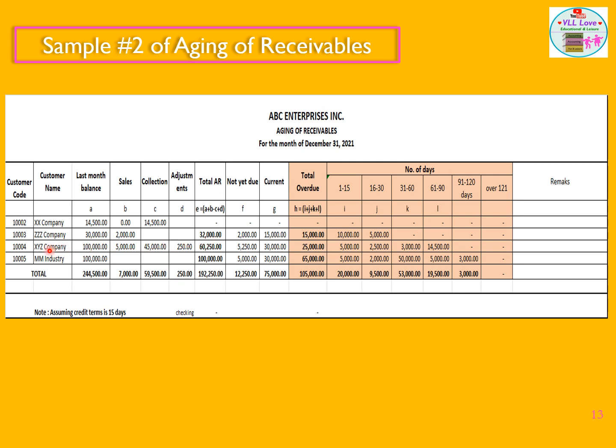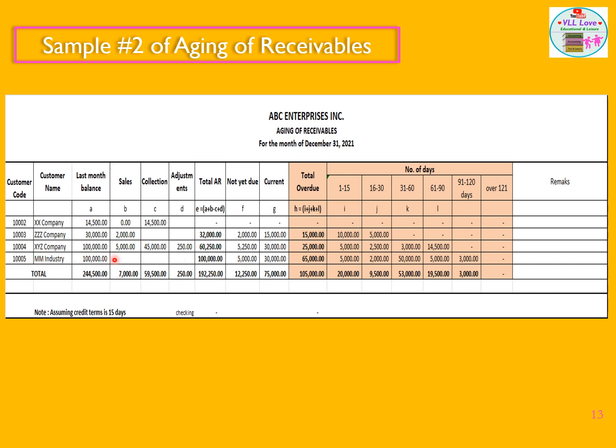For ZZZ company, we have a last month balance of 30,000, 2,000 sales, no collection, total AR is 32,000, which is composed of not yet due of 2,000, current of 15,000, and overdue of 15,000, where 10,000 is 1 to 15 days overdue, and 5,000 is 16 to 30 days overdue.